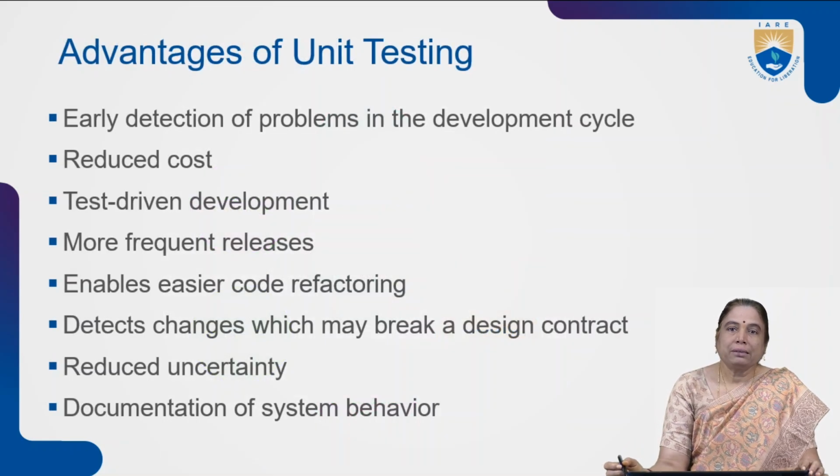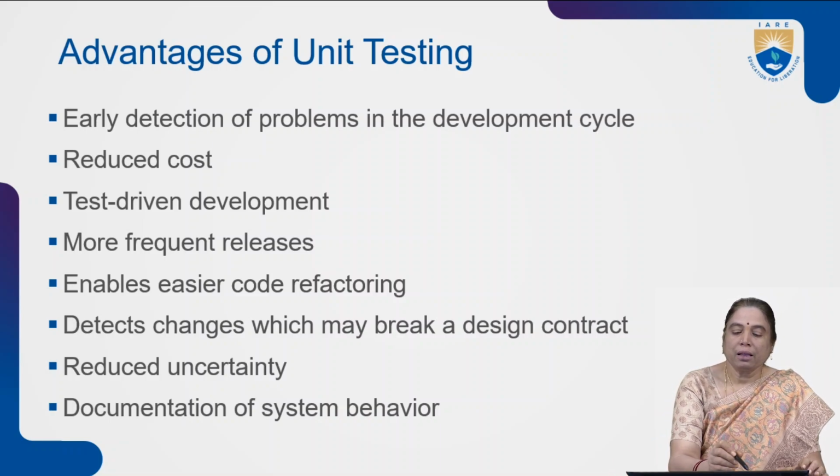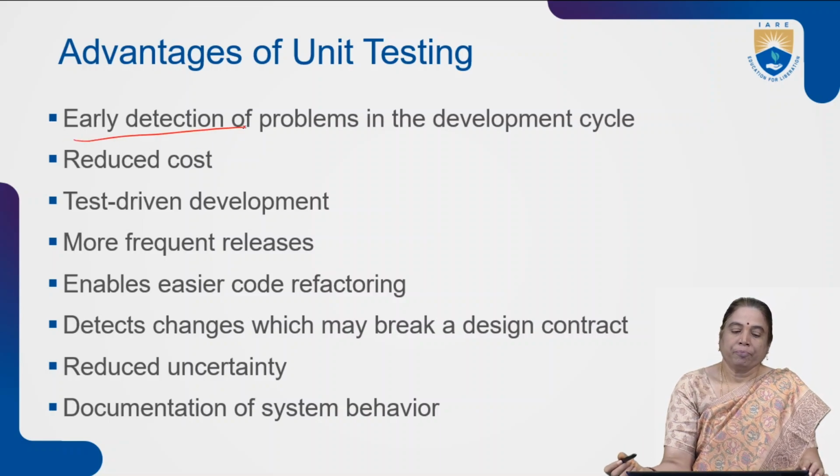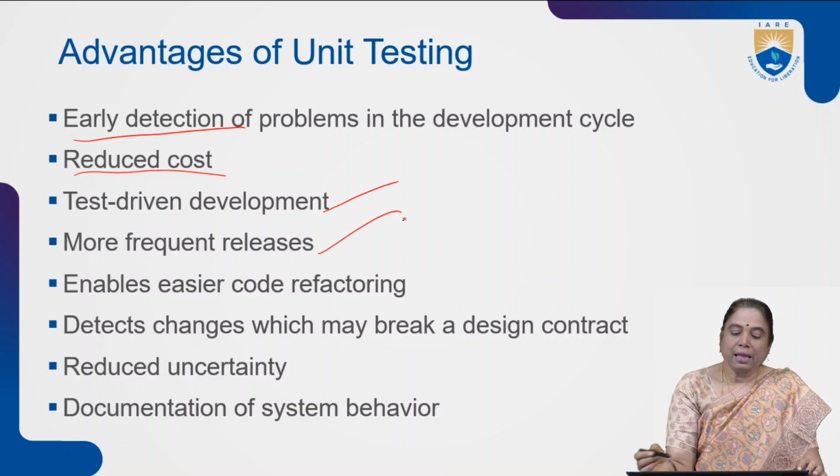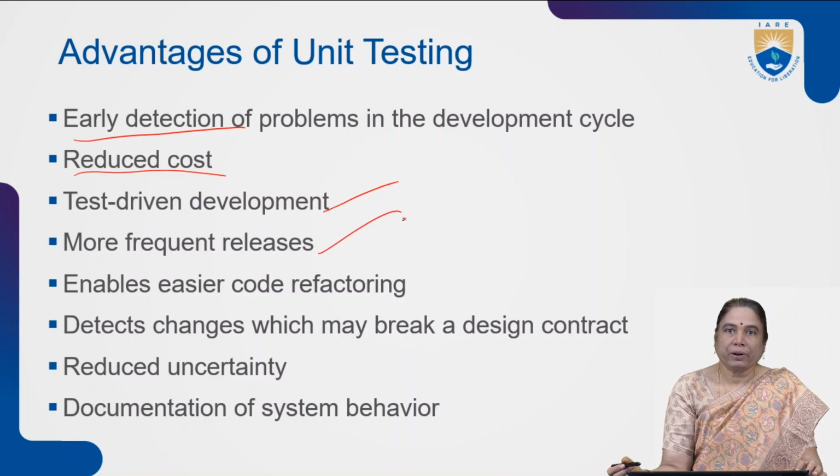So the advantage of unit testing is early detection of problems in the development cycle and reduced cost. Why? Because the repetition and overlapping code can be easily identified so that it reduces the cost, and it is test-driven development and follows a systematic framework for testing the code. More frequent releases enable easier code refactoring.